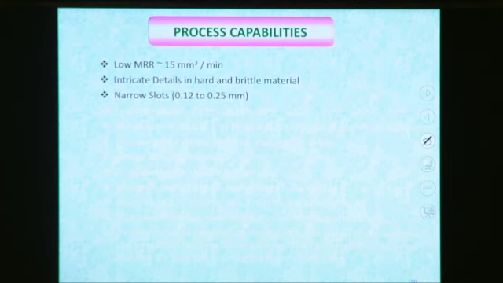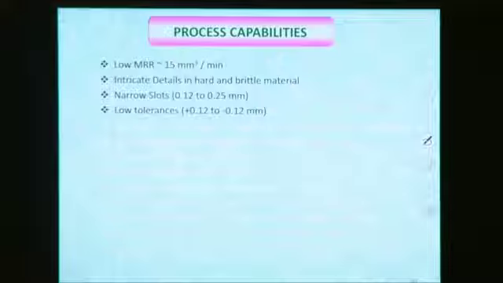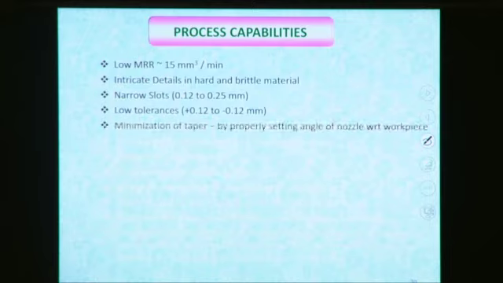Narrow slots also can be generated, 0.1 to 0.25 millimeter. Tolerances obtained on abrasive jet machined surfaces are plus minus 0.12 millimeter, and taper can be minimized by properly setting the angle of the nozzle with respect to the workpiece.